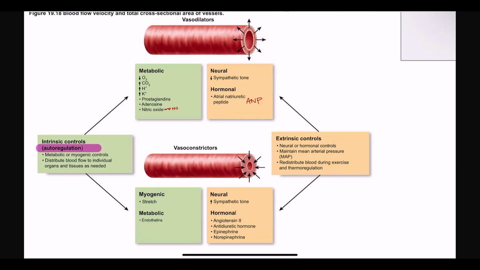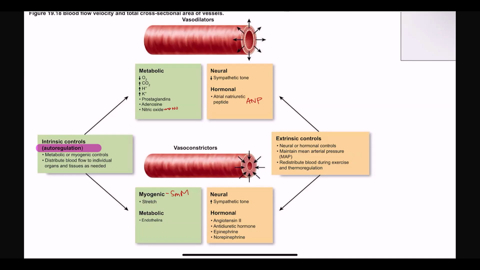If we were to look at the vasoconstriction, so the bottom parts, let's take a peek at the green side, the intrinsic side. We have the myogenic controls. Myogenic means control of the smooth muscle. Myo meaning muscle, right?